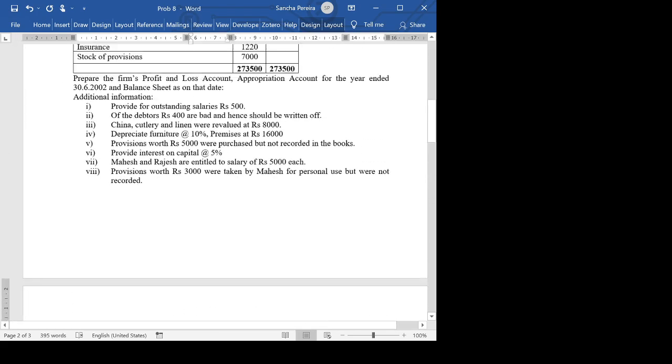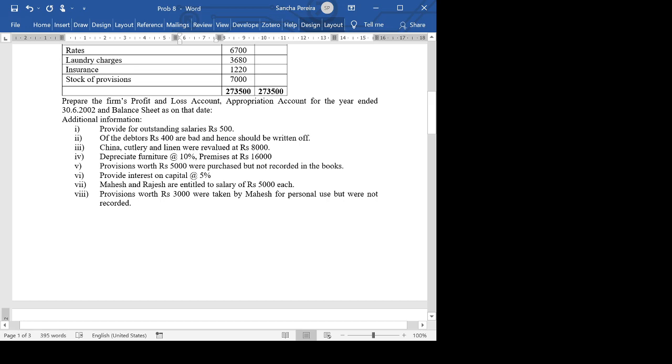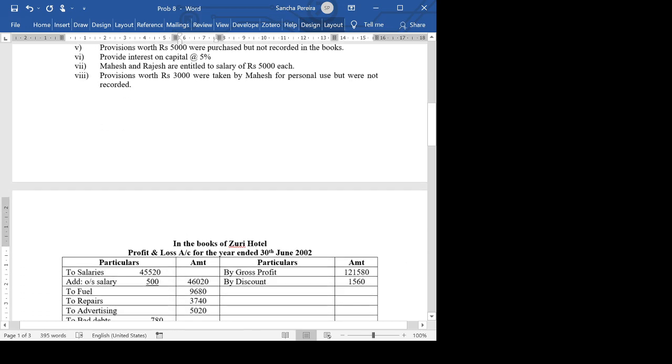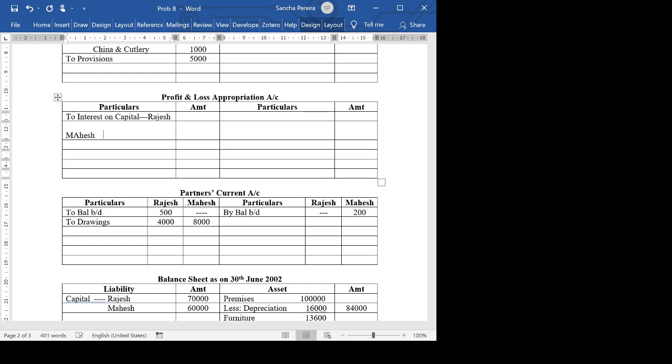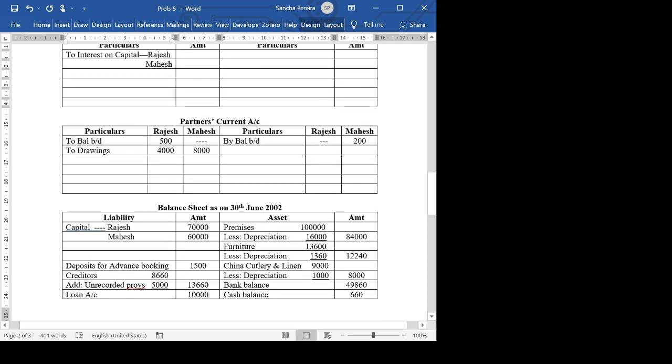Then we have interest on capital at 5%. So this becomes an expense to the business and an income to the partners. So two, interest on capital, Rajesh and Mahesh. So that becomes 5% they've said.